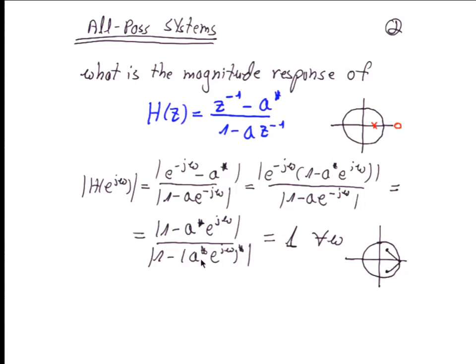This is A star e^(jω), and this is the same as A star e^(jω), only conjugate. So that will give you this. The magnitude response here will be 1 for all omegas.